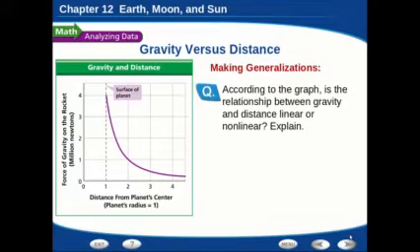According to the graph, is the relationship between gravity and distance linear or non-linear? Explain. So for this one, you might have to use the textbook because it's asking you something very specific. And you can look at page 476 for this one. But I'll go ahead and just say it.